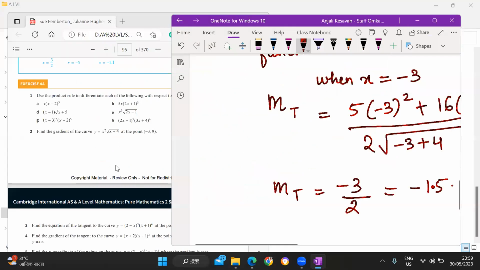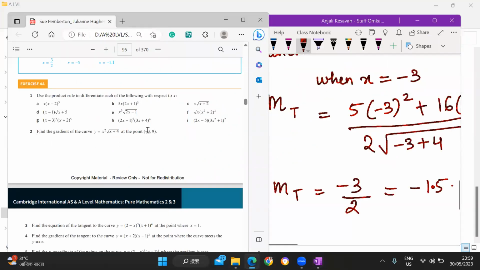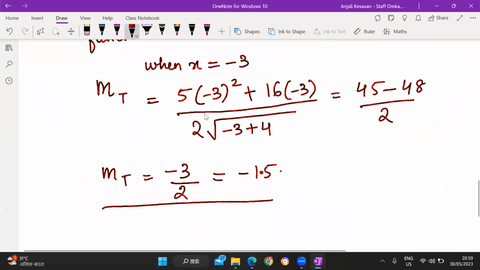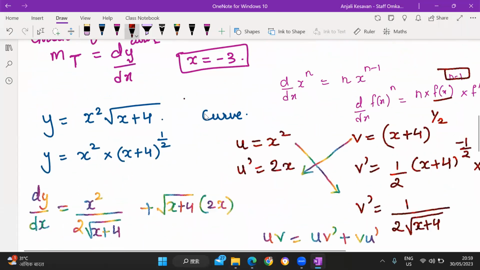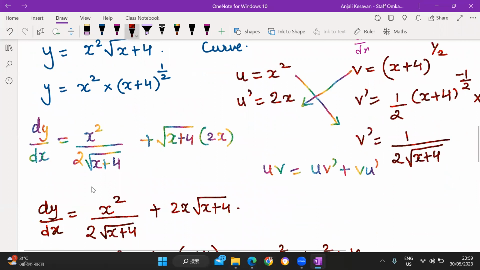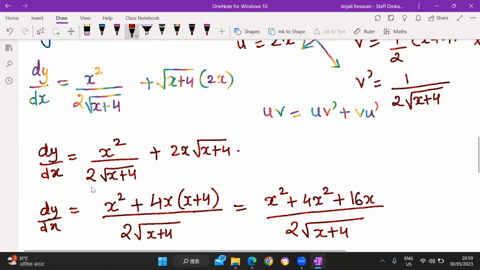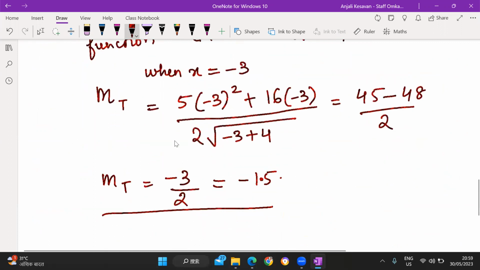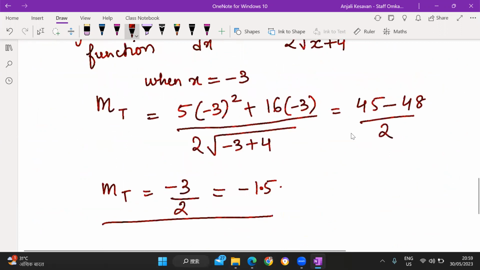Okay? You get this? They're telling you to find the gradient and we have got this. So the key is to differentiate the curve with respect to x, and then whatever gradient function we get, substitute the value of x, simplify your expression and get the answer.